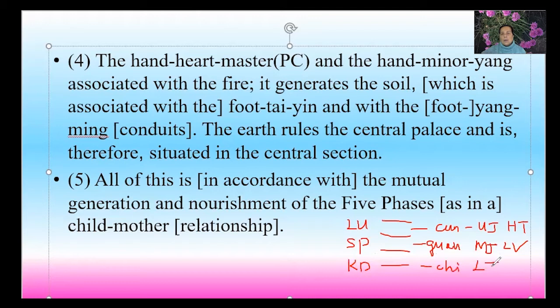But we call the right side more Yang, the Ming Men.